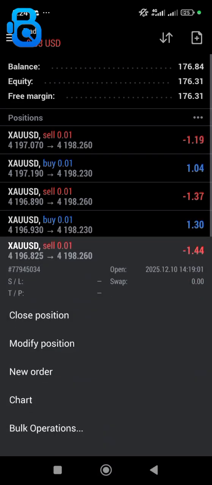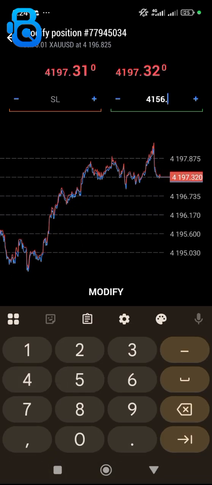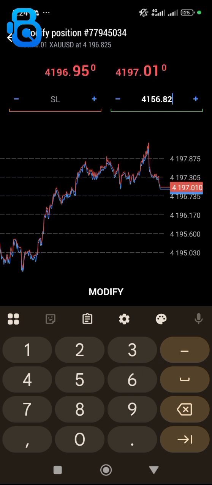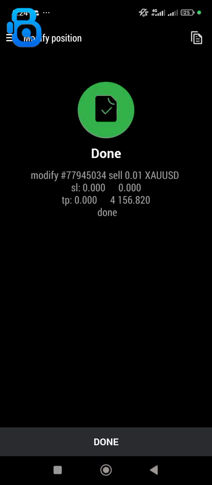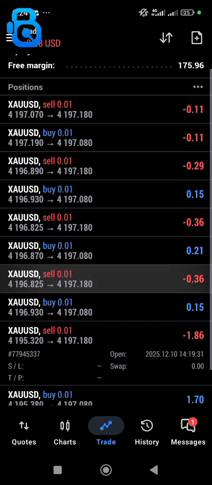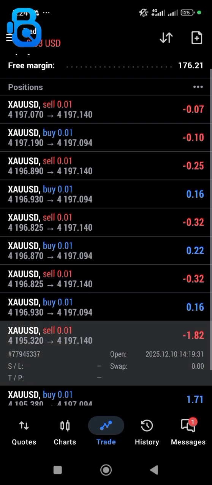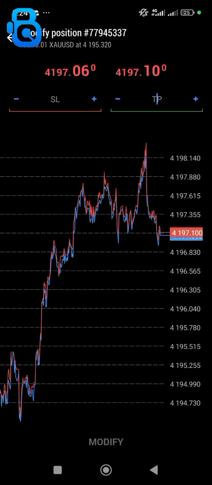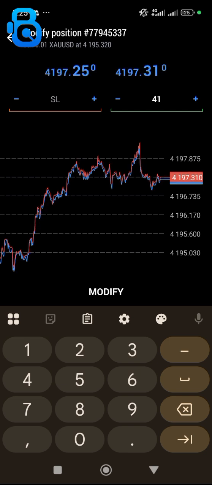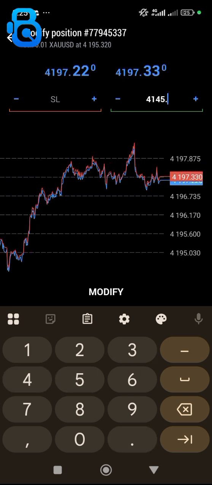The fourth sell: 4156.82. The last sell, you subtract 50 from the entry price. 4195.32 minus 50 is going to give you 4145.32.